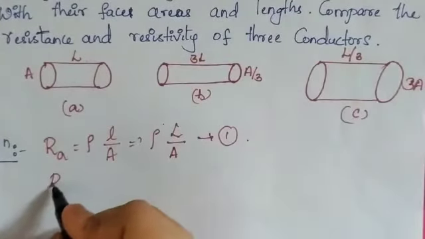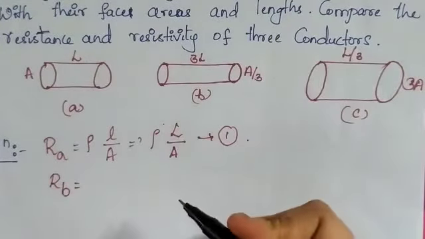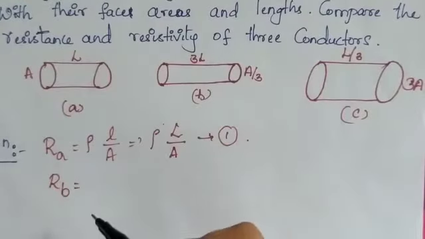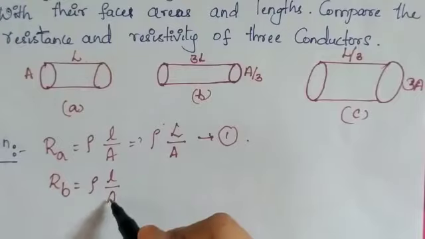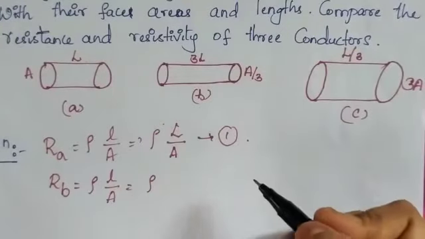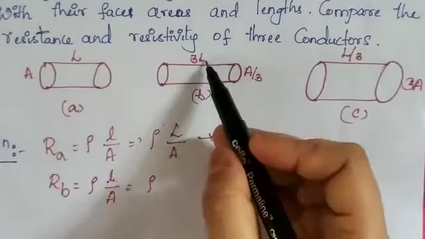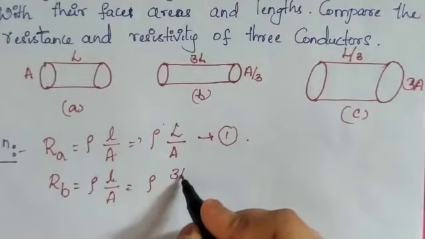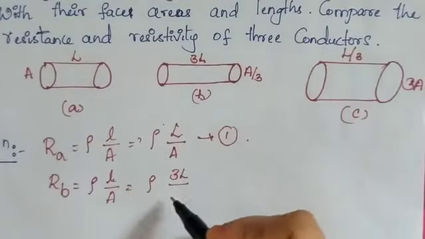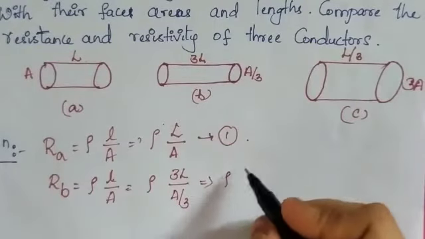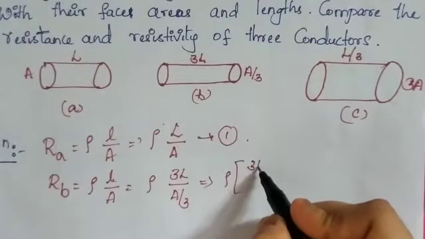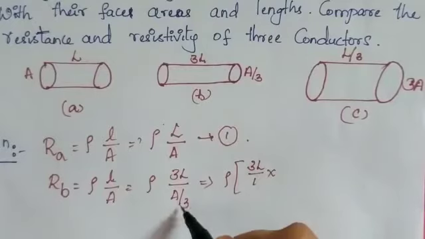Similarly, Rb is equal to rho L divided by A. Rho is a constant, it remains the same. The length given is 3L, divided by the area given, which is A divided by 3. So the formula becomes rho times 3L by 1 into A by 3.